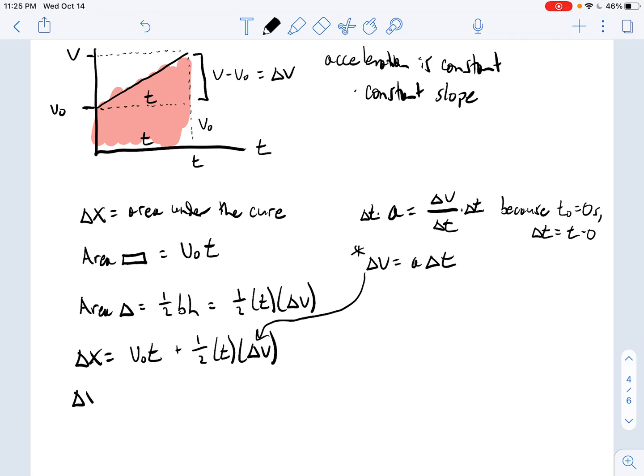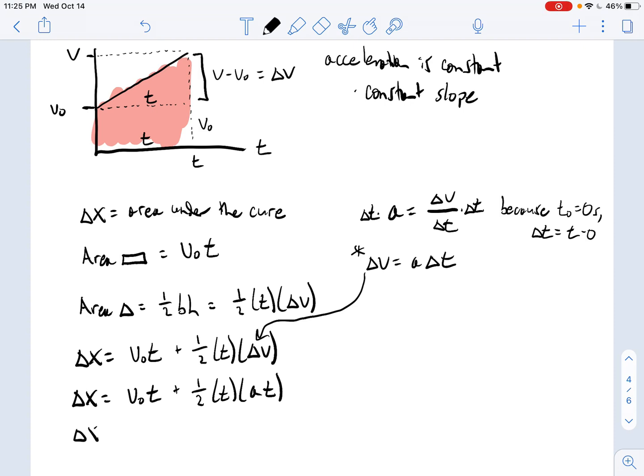So we get delta x is equal to v initial times t plus 1/2 times t times what we plug in now is going to be a delta t, but remember we said delta t was just t minus 0 or t.